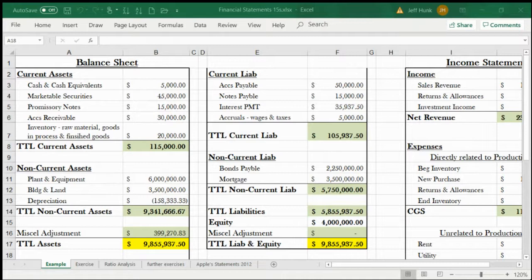And I said that's called factoring, right? Basically, they negotiate the sale of the promissory note, right?